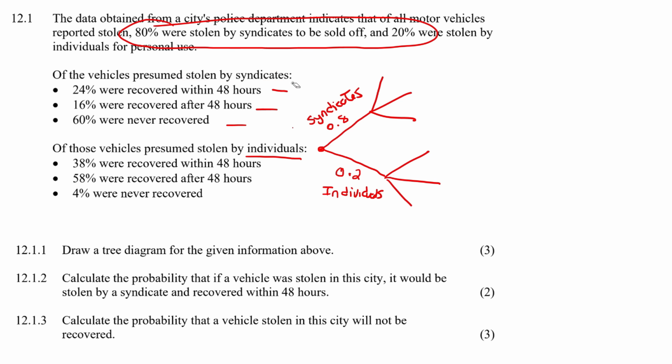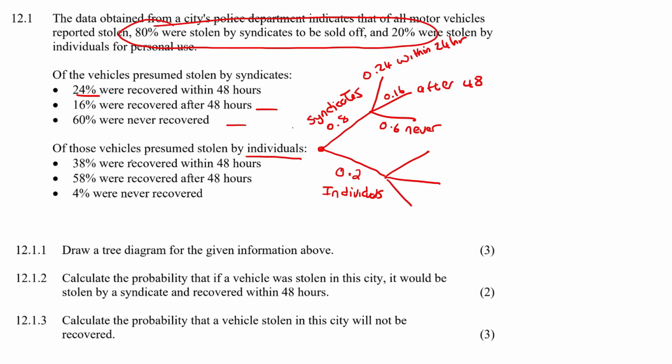We're going to say 24% were recovered within 48 hours. That'll be 0.24. Then we're going to say 0.16, and that's going to be after 48 hours. And then 60% were never recovered, so let's just say never.